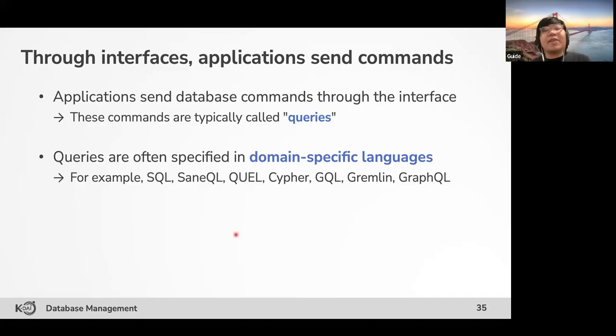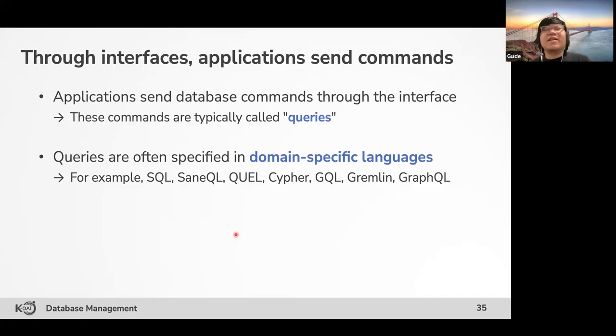Okay. So now you can connect to the database management system through interfaces. The only thing that applications need to do is to send database commands through the interface. Those commands are typically called queries. Queries are commands, so you need to describe them clearly and with less ambiguity.